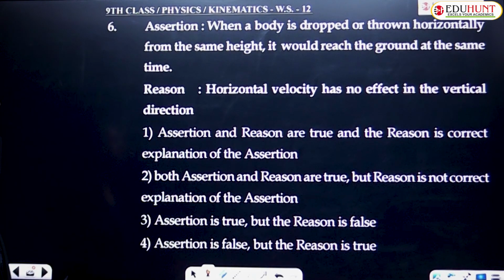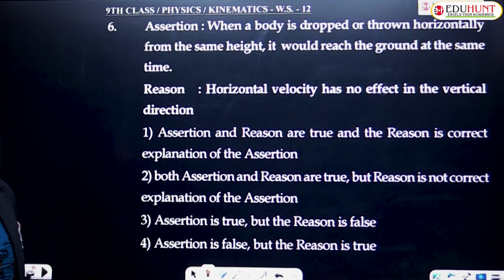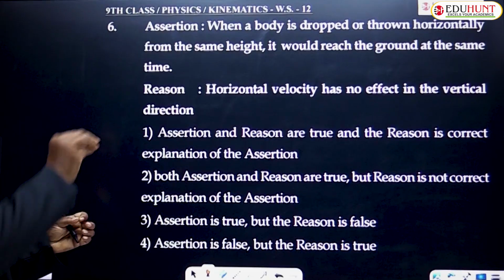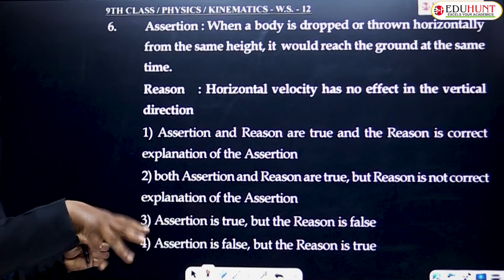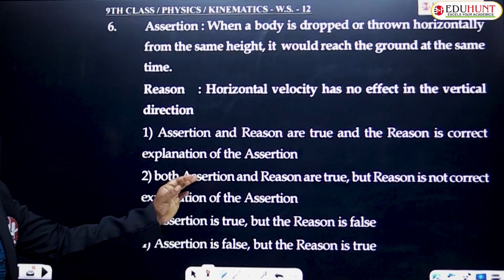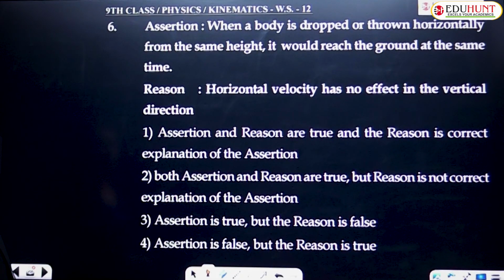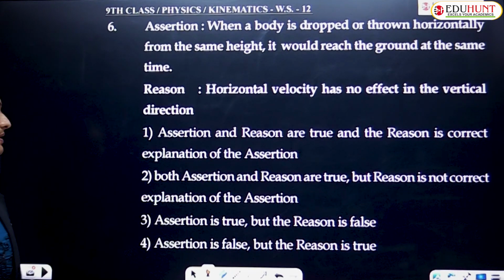Assertion: when a body is dropped or thrown horizontally from a certain height, one body is dropped, simply released, freely falling. The other is thrown horizontally with some initial velocity u from the same height. It would reach the ground at the same time. Yes, that's true. The given statement is true.